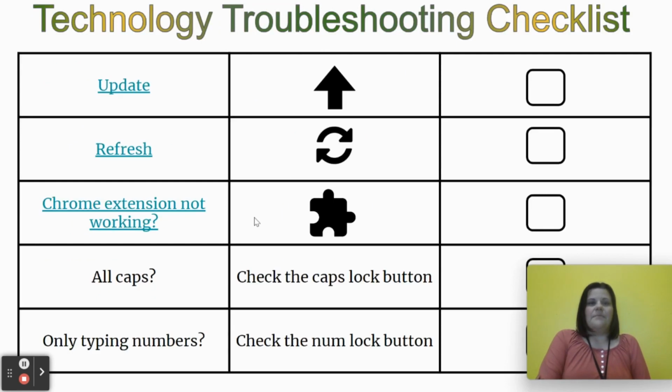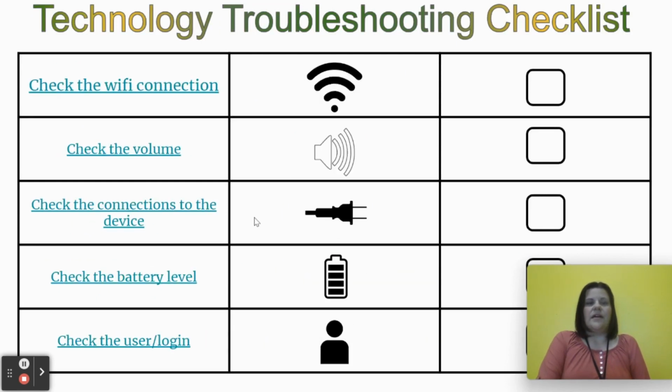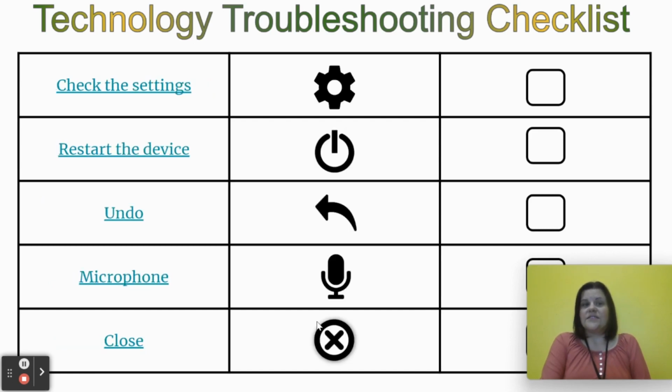So there's also ways that you can check the volume. You can check your connections to the device, check your battery level, and the user and login. As you work through these, again, feel free to click on them and they will take you to the questions that you can ask yourself.